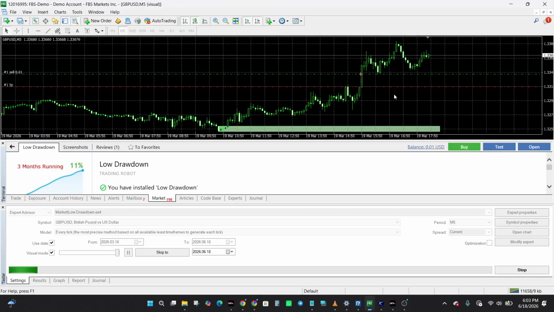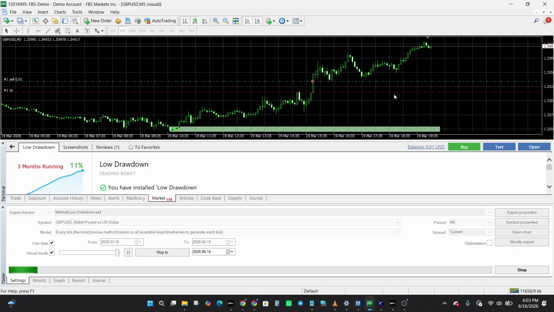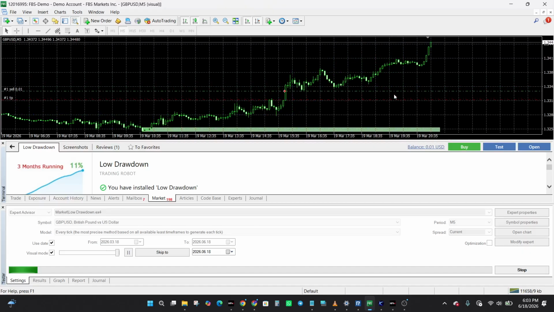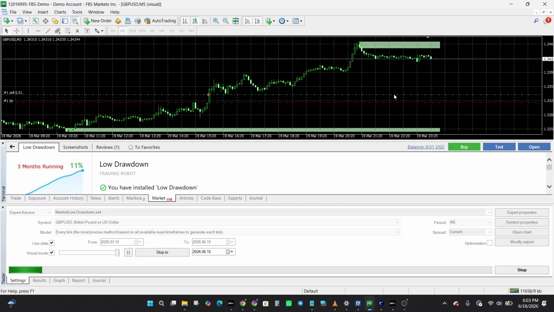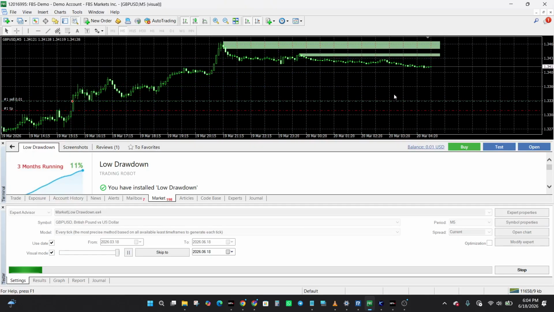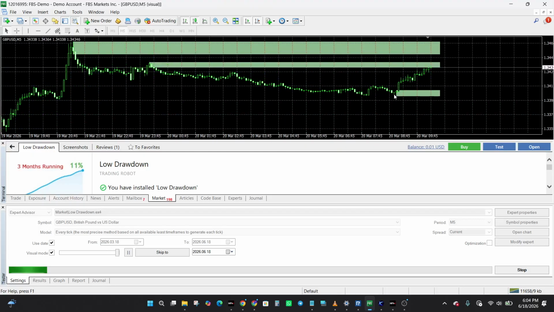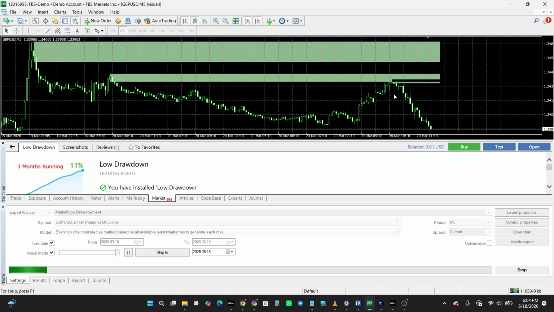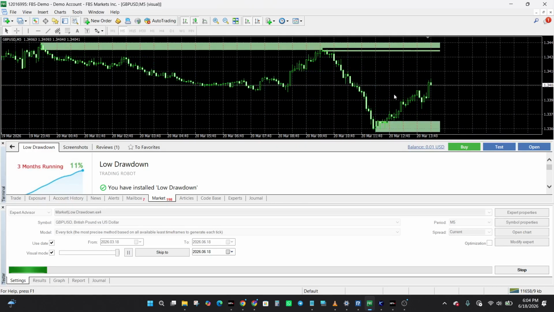When it comes to the historical testing performance, these results should always be viewed as historical analysis rather than an indication of future profitability. Actual performance can vary depending on risk settings, lot size selection, broker execution quality, spreads, slippage, market conditions, and any optimization performed by the user.